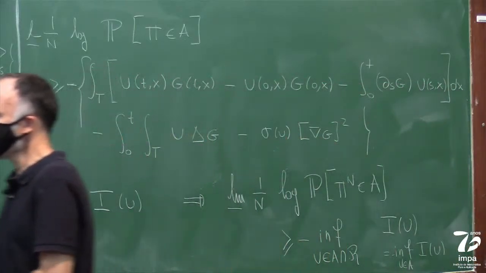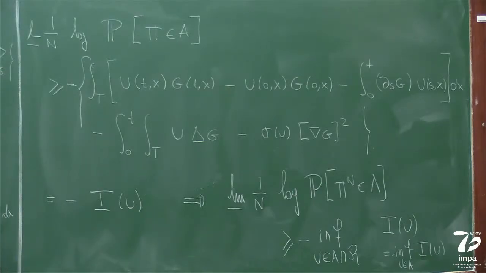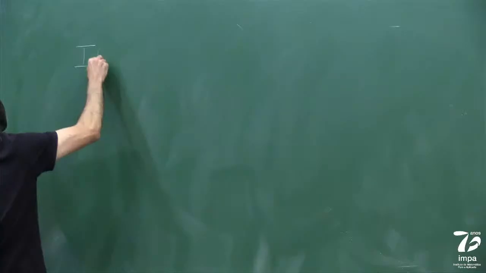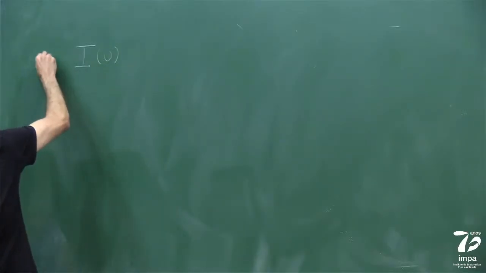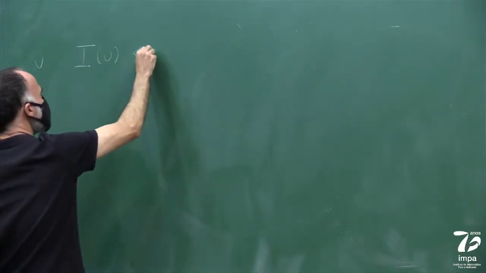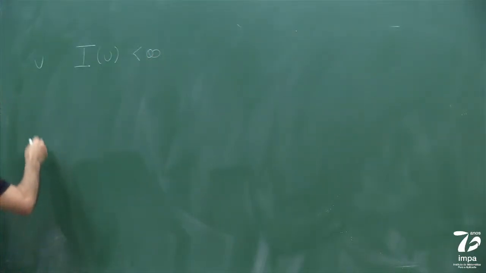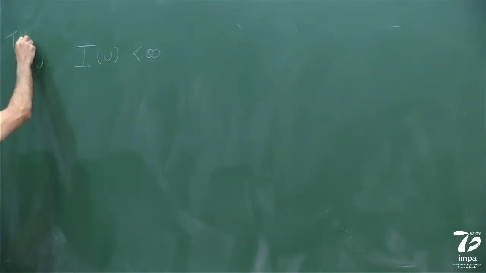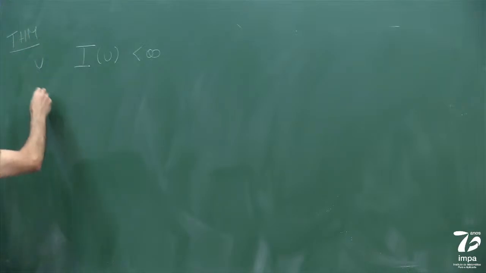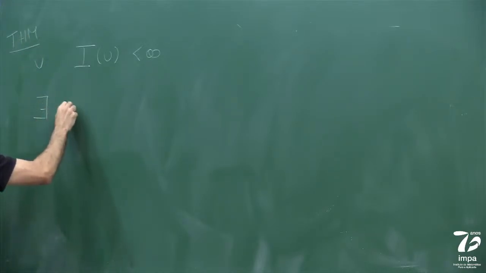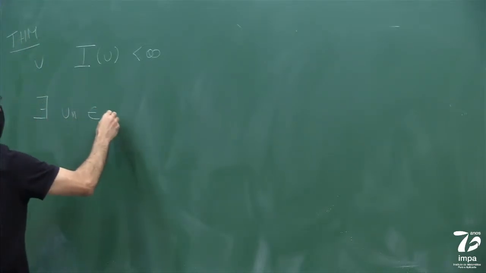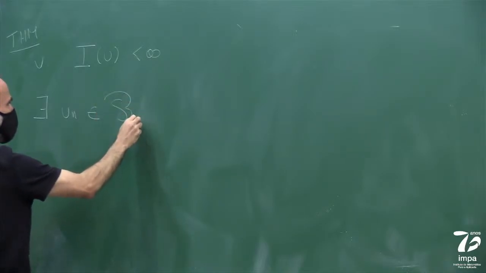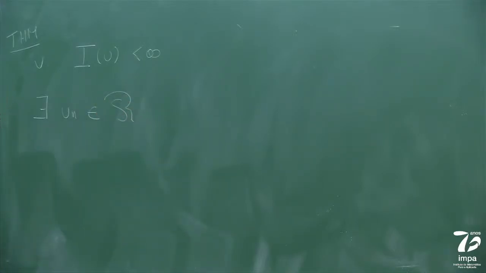So now take a u such that I of u is finite. What I have to prove, so this is a theorem which I have to prove, is that there exists a sequence un which belongs to R. So R is the set for which all these things happen: u is bounded away, u is smooth.